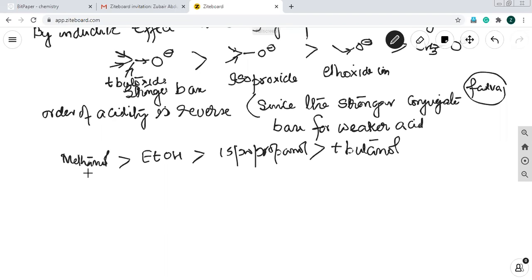Okay, so always draw the structures. So tertiary butanol is a very, very weak acid.